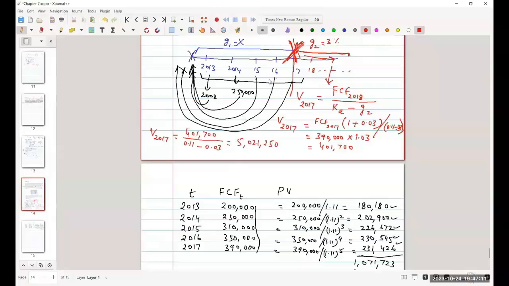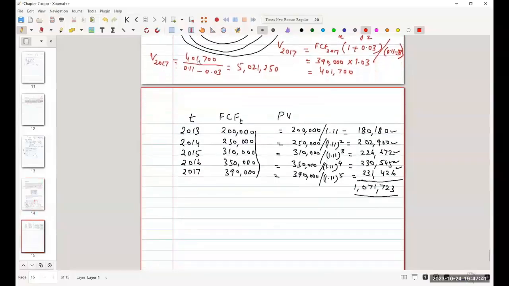But because this is the value at 2017 and what we want is the value for today, we will have to take it how many periods back? So we can count back from here 1, 2, 3, 4, 5 periods back. So count back 1 period, 2 periods, 3 periods, 4 periods, and the 5th will take you back to the present moment here. So 5 periods. So from the second part of the timeline, we write PV of value in 2017 is equal to 5,021,250.